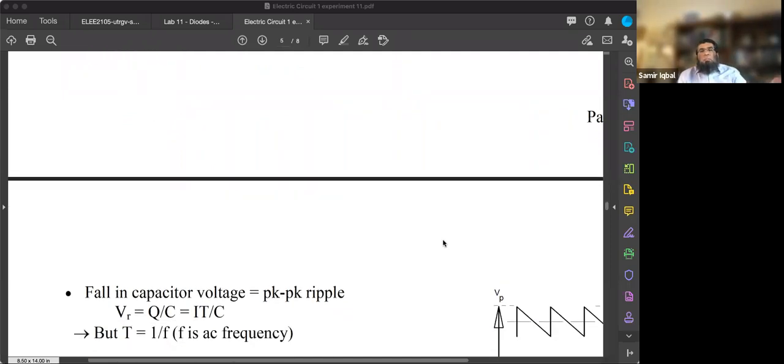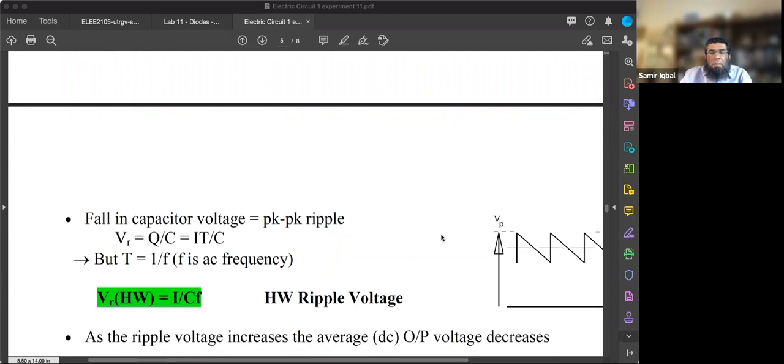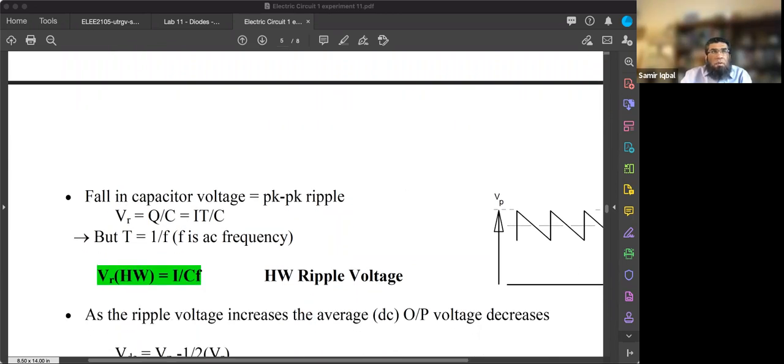Why is it important? We're going to plug the value of charge into the capacitance relationship. We know from the capacitor definition, Q equals CV.